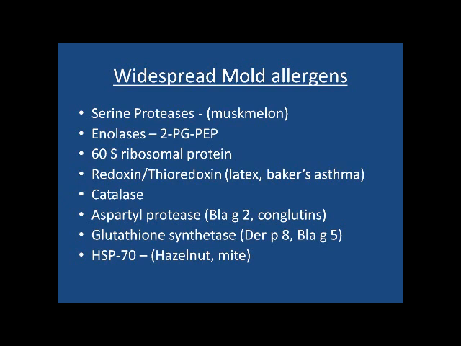There's the aspartyl proteases in molds, which is also present in BLA-G2 and also in the conglutinins from peanuts. Glutathione synthetase is from molds. It's also a cross-reacting allergen, and it's also present as DURP8 in mite and BLA-G5 in cockroach.